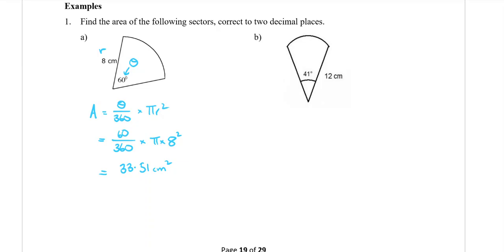And that will be centimeters squared. Part B, also a sector, so we're going to need our sector formula. A equals theta over 360 times pi r squared. This time my angle is the 41 degrees and the radius is the 12. Subbing them in. 41 over 360 times pi times 12 squared.